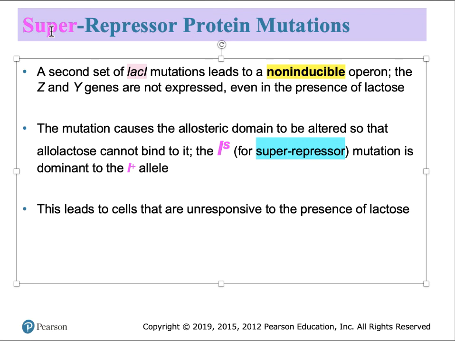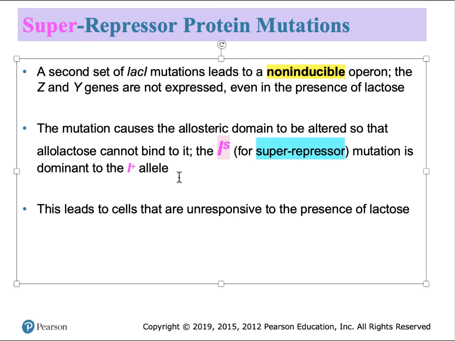We call that protein a super repressor, because it cannot be pulled off the normal operator under any circumstances. There's no way that allolactose can bind and pull that repressor off the DNA. So in that case, the term that we use for the gene mutation is I-S and not I minus. And the I-S stands for super repressor.